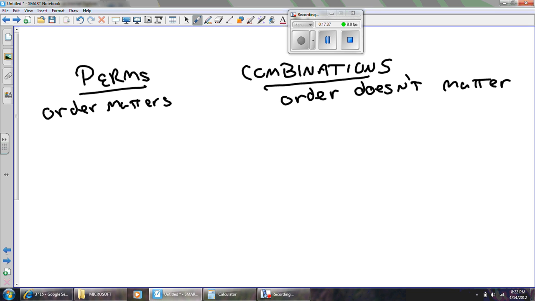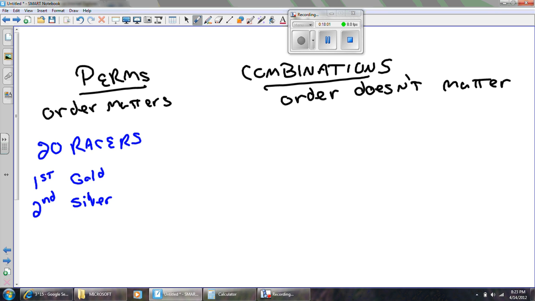Okay, so let's say we have a situation like, let's use racers both times. Let's say there's 20 racers. In this case, first place is going to get a gold medal. Second place is going to get a silver medal. All right, I missed an L there.